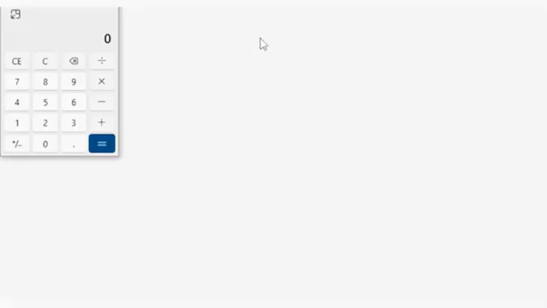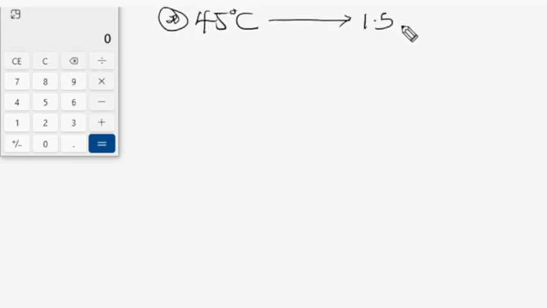Just like we did in the previous question, we are still going to determine the solubility by taking the difference of the two solubilities while cooling from 45 degrees Celsius to 20 degrees Celsius. So at 45 degrees Celsius, we have the solubility to be 1.5 mole per dm cube.